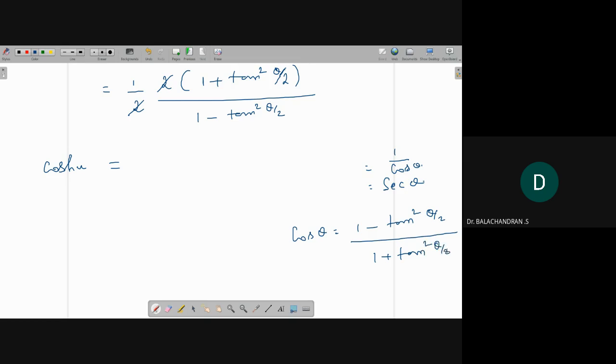That is correct, Purna Chandran. Here we have a plus in the numerator and minus in the denominator, that's why this is 1 by cos theta. But this is equal to secant theta. So that's all, the proof is over.